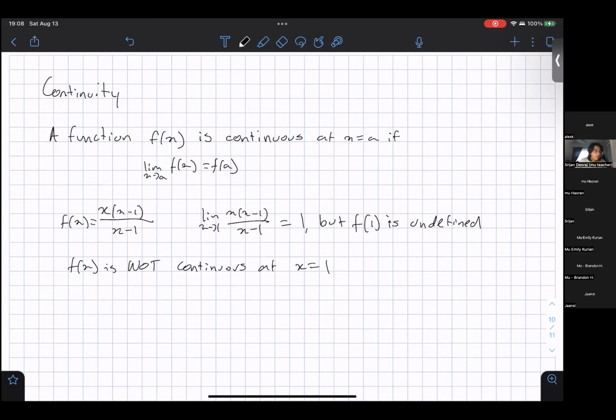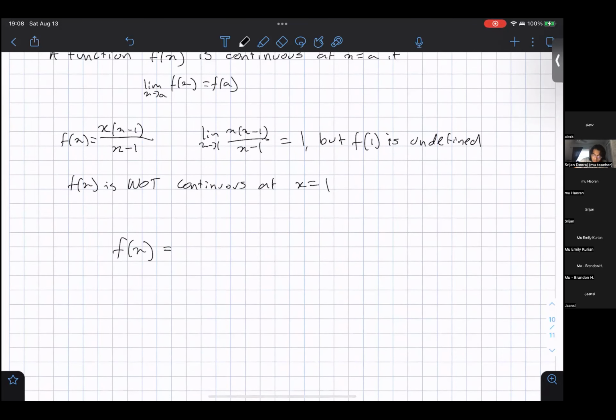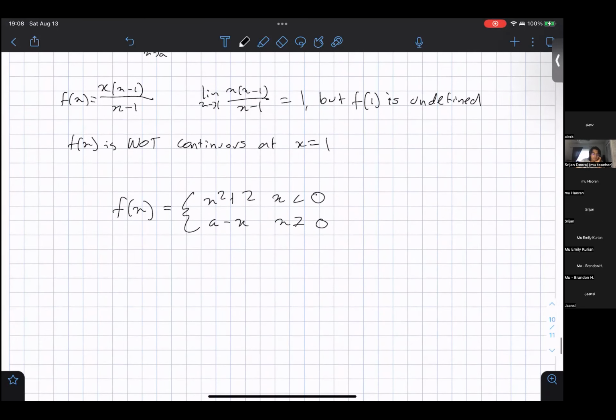Okay, so a common question that shows up in FAMAT is that they'll give you some piecewise function f of x that's x squared plus 2 for x less than 0 and a minus x for x greater than or equal to 0. And they'll ask you for what value of a is f of x continuous for all real numbers. And so we have to find the limit as x approaches, usually the discontinuity, as long as there's no discontinuity within these functions themselves, the discontinuity will occur at this value.